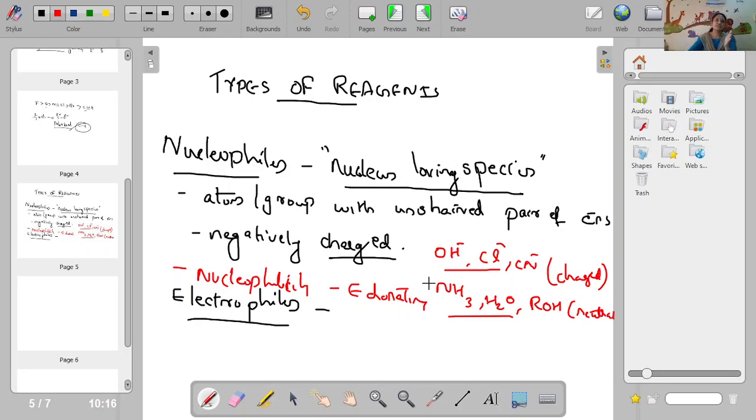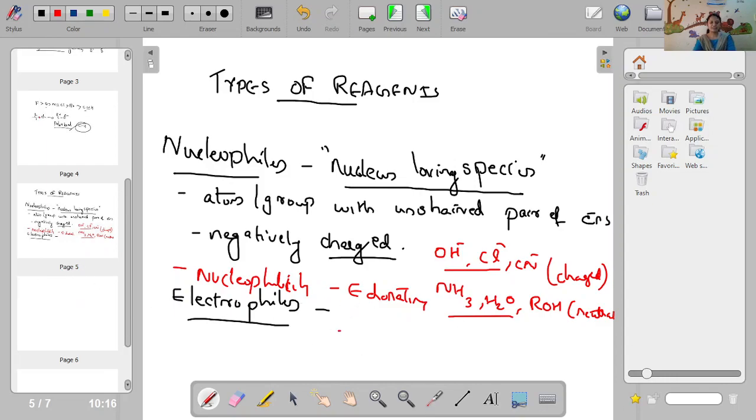So if you have some electron donating groups, definitely the strength of the nucleophile will increase. So these are some points, at least 4 points plus 2 examples you have to remember.